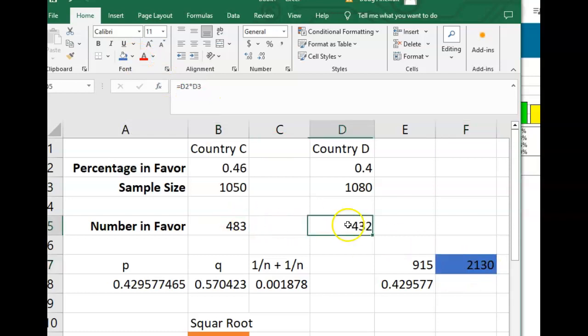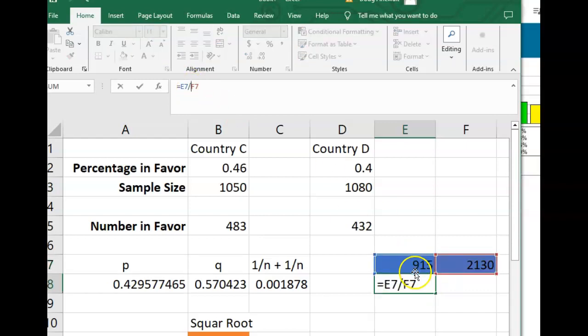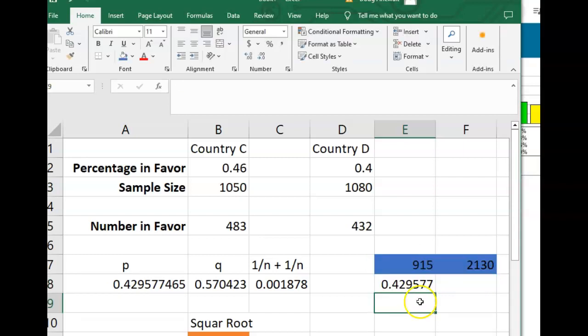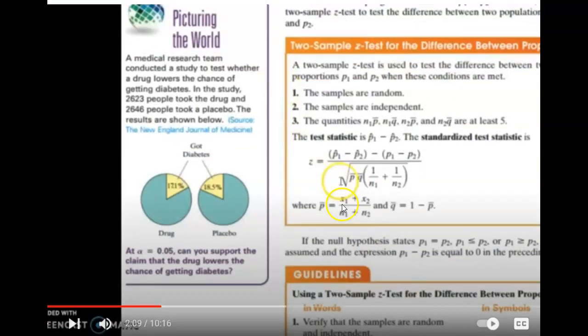And the number in favor from each country separately, if we added those together, it'd be this many people in favor. So if we actually did that, 915 out of the 2,130 people would be this percentage out of everybody combined. That's what that first part of the calculation on the bottom is for, P with these X's and N's added.